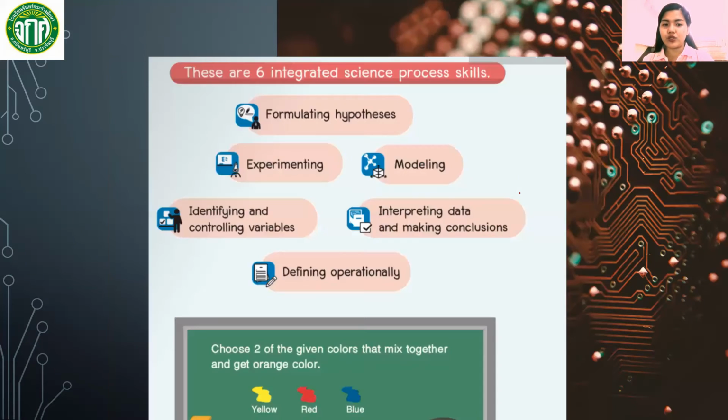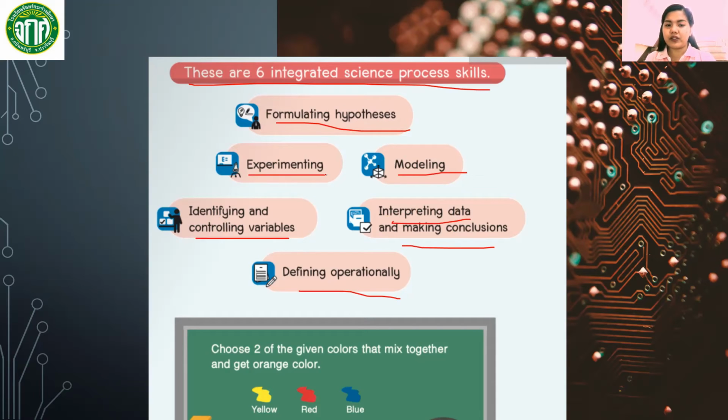How about the second group? These are the 6 integrated science process skills. First one is formulating hypotheses. Next, we have modeling, interpreting data and making conclusions, defining operationally, identifying and controlling the variables, and the last one we have experimenting.